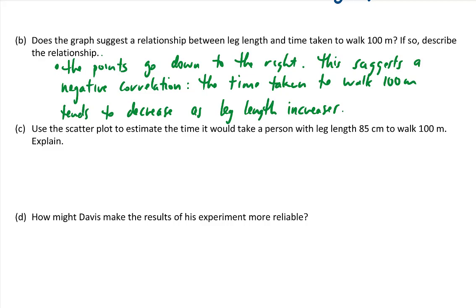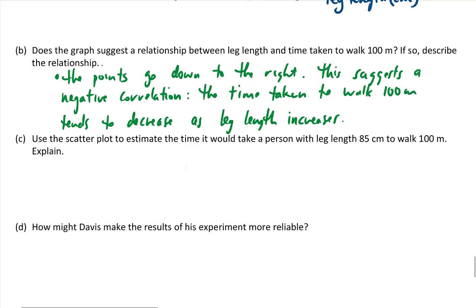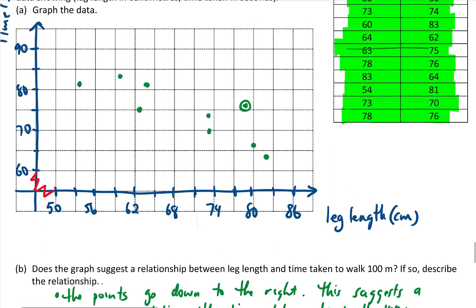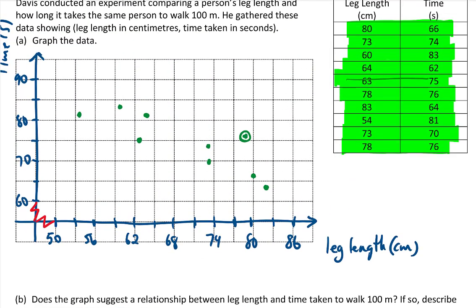C, use the scatter plot to estimate the time it would take a person with a leg length of 85 to walk 100 meters, and explain. If we go up to our graph, we need to find a leg length of 85. That's here, 81, 2, 3, 4, 5. Right about here.